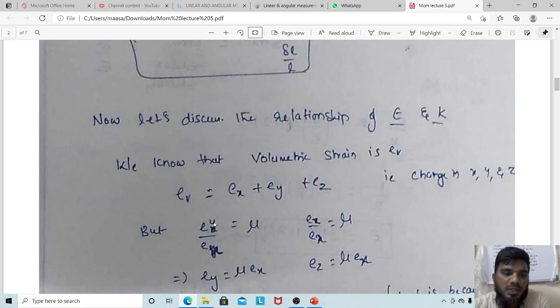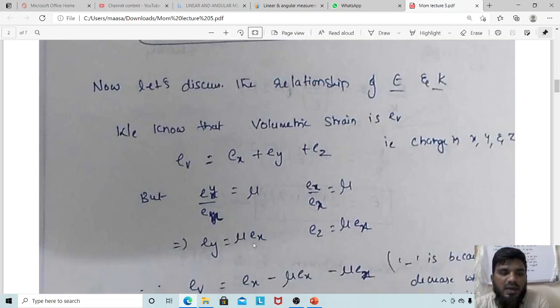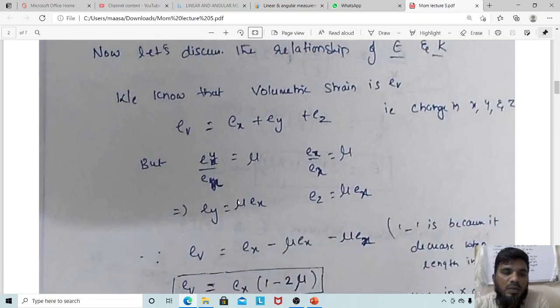Because of y, there is a strain in the x direction. Similarly, because of z, there is strain in the x direction. So in the place of Ey and Ez, we can write mu Ex for each. And now we can rewrite the whole equation: Ev is equal to Ex minus mu Ex minus mu Ex in the place of Ez.